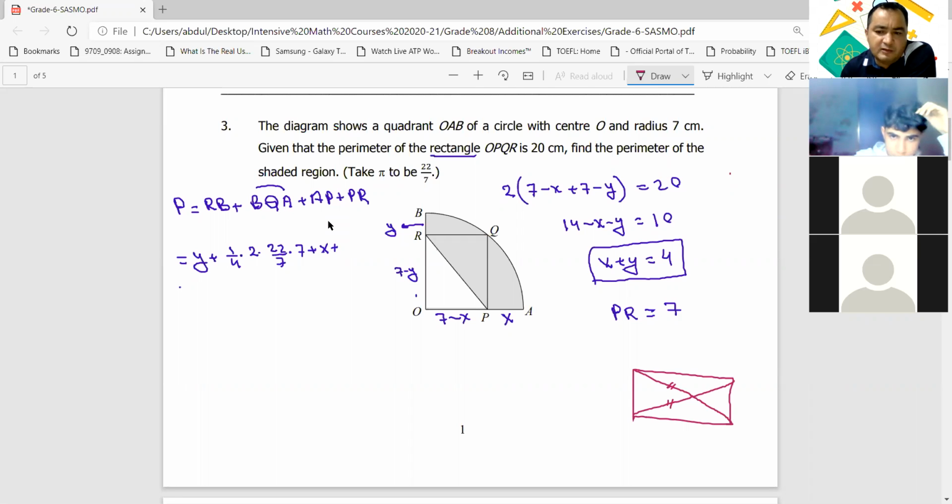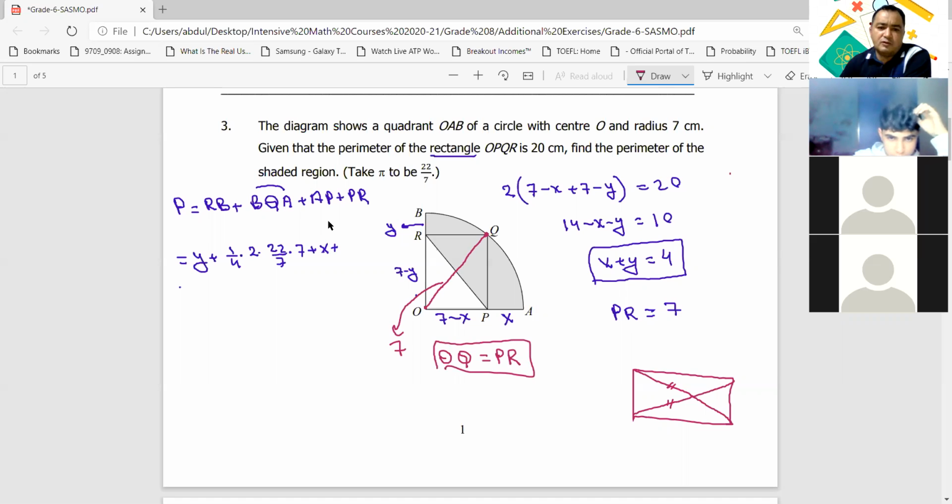In every rectangle, the 2 diagonals are equal. We can prove this. Now if I draw the second diagonal, OQ, what is OQ? OQ is just the radius of the circle, from O to the circumference. That's equal to 7. So OQ is equal to PR, and that's why PR is equal to 7.